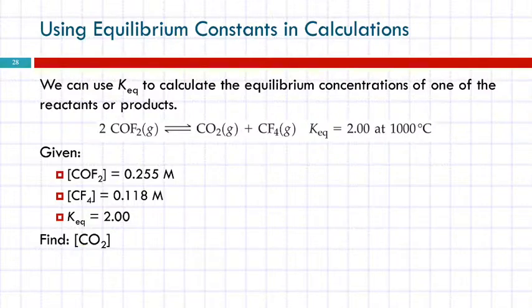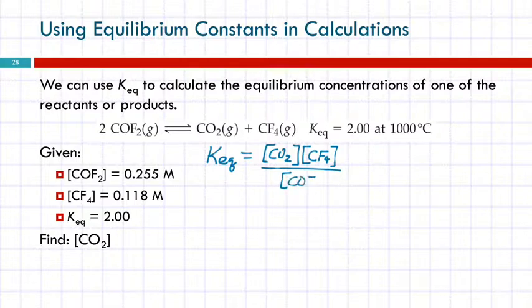So first is writing the expression, KEQ equals the concentration of the product, CO2, exponent is 1 because the coefficient is 1. CF4 also has a coefficient of 1. Divided by the reactant, concentration of COF2, and that has a coefficient of 2, so this one's squared.